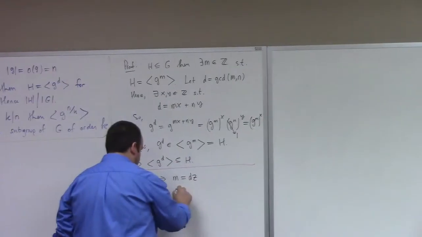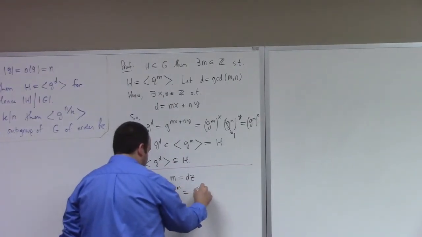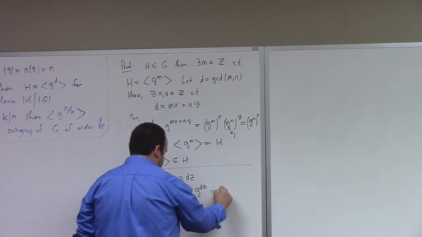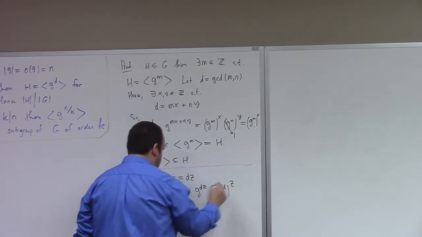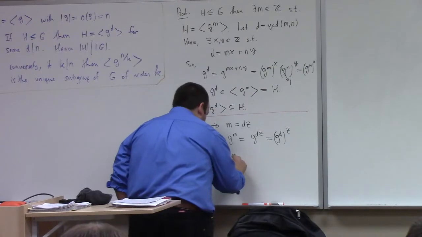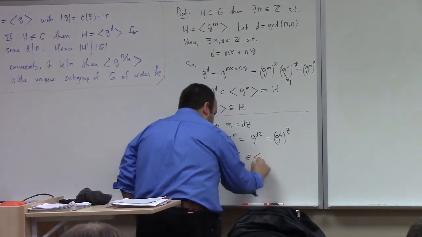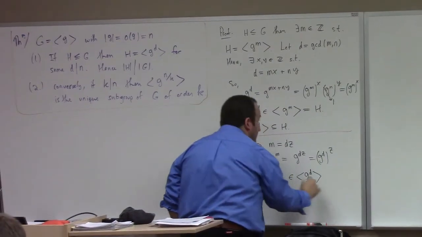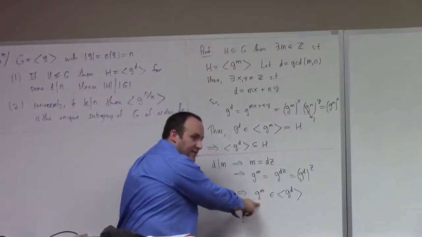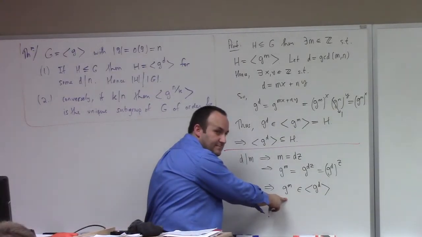So G to the M is G to the D times Z, or G to the D to the Z. What's that say? Right, that says that G to the M is an element of the cyclic subgroup generated by G to the D. But this generates an arbitrary element of H, right?